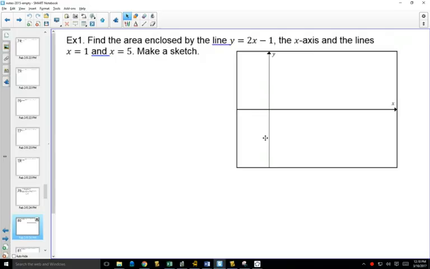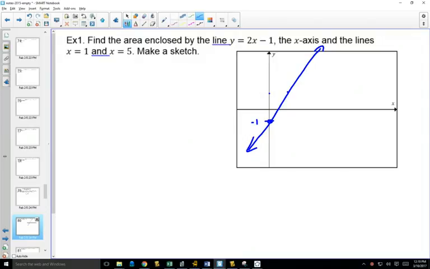Find the area enclosed by the line y equals 2x minus 1 between x equals 1 and x equals 5. Make a sketch. So first of all, if we draw that line, that's an easy line, a y-intercept of negative 1, a slope of 2, so rise of 2, run of 1. This is what our line would look like.